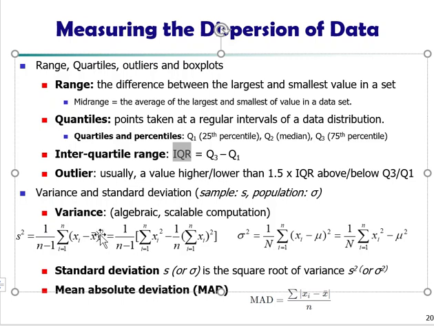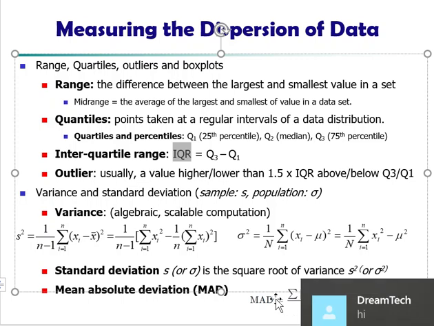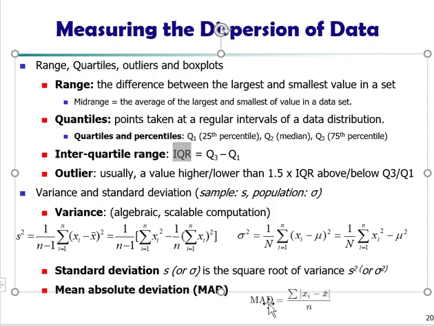So when you look at this, if squaring is meant to do that, then can't we just take the absolute difference between these two? We can, and that's a different measure called mean absolute deviation, MAD. MAD is much simpler. It just takes the absolute difference, sums this up and divides it by n.